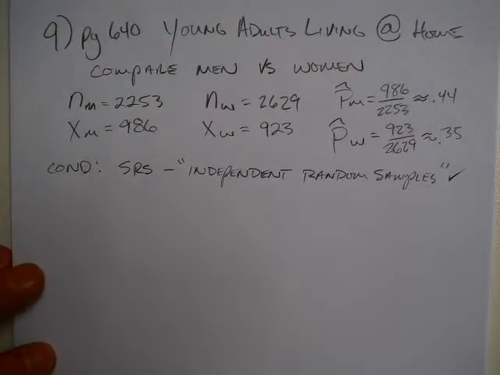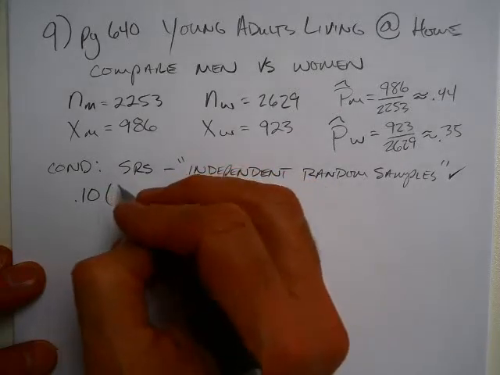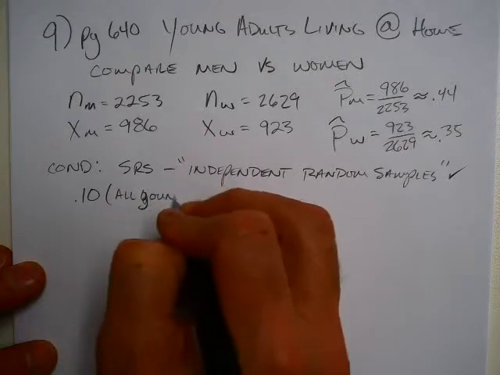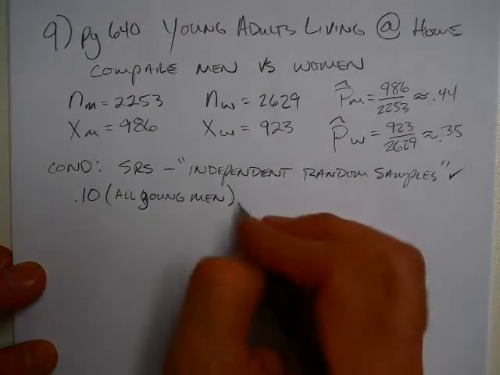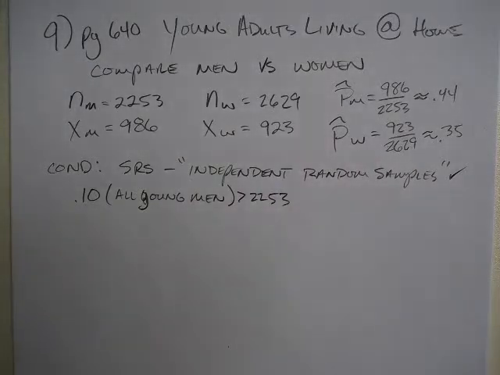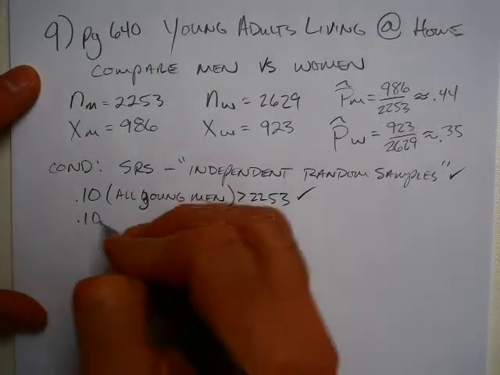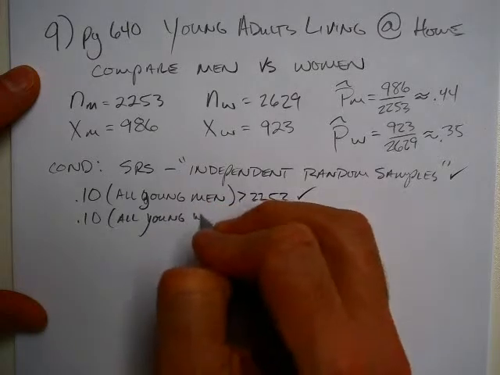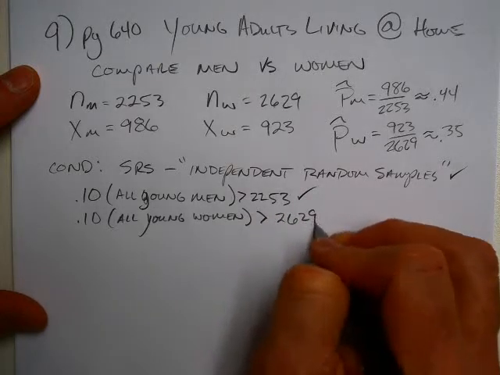Does our 10% rule apply? Do you think 10% of all young men, in this case 19 to 25, is greater than 2253? Yeah, I think we're probably pretty good there. And how about 10% of all young women greater than 2629?